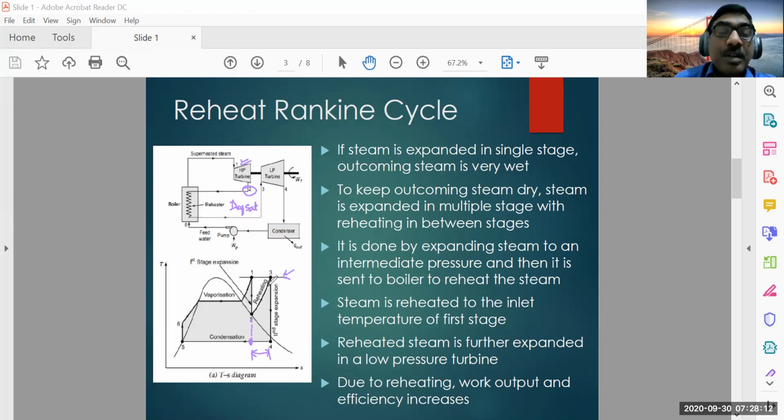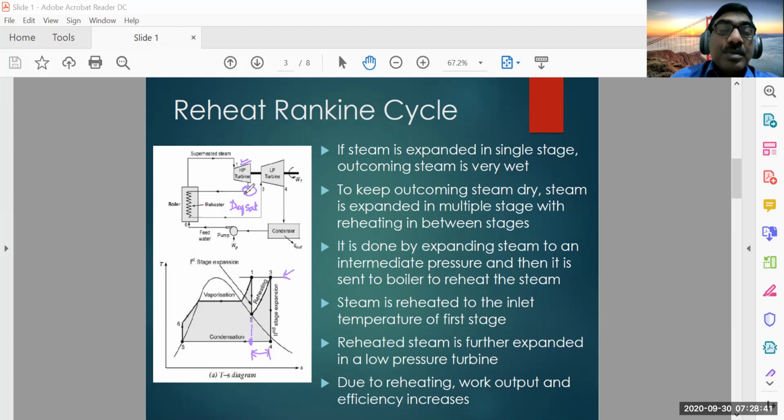Otherwise, if you are reheating to a temperature less than the inlet temperature of the high pressure turbine, then we will not be getting the advantage of reheating. We also cannot go to a very high temperature. So we have to follow one inlet temperature, because you cannot vary the maximum temperature between the stages.